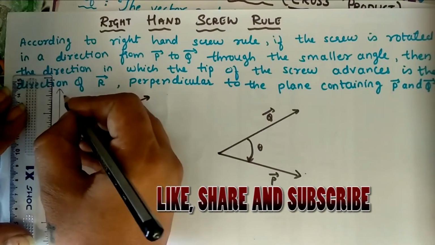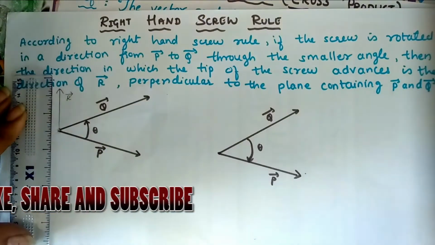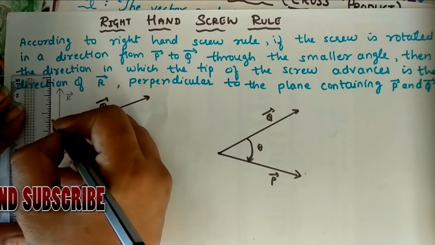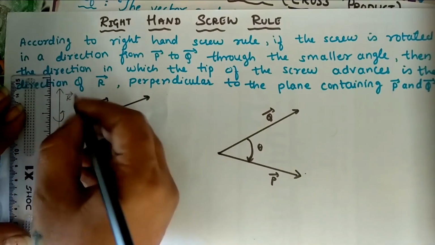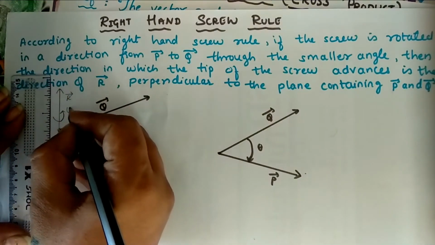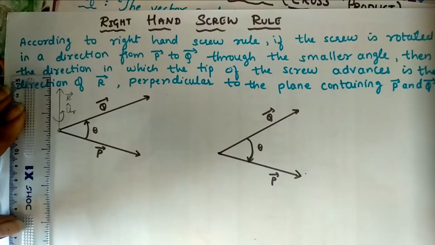So this is the direction of your resultant vector. How we rotated the screw? In this direction. So can I show the direction of resultant vector by the unit vector u cap with the suffix r, where u r cap shows the direction of resultant vector R.